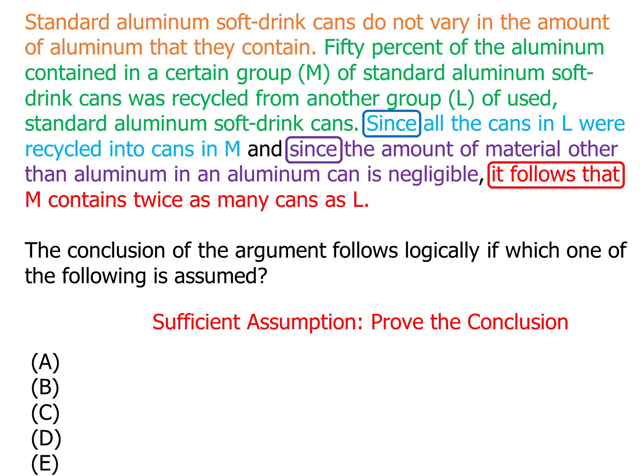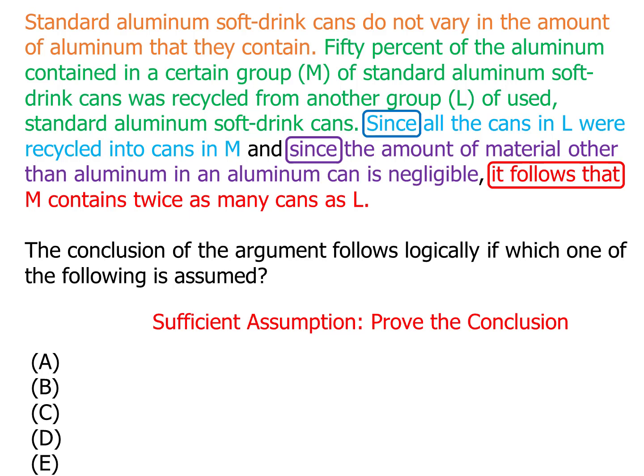Now, this question is a little bit tricky because it might seem like all the loopholes have been closed down, that essentially they've proven their point. All the material from L went into M or got recycled to go into M. You don't need anything other than aluminum to make a can. All cans have the same amount of aluminum in them, and by volume, 50% or half of M's aluminum came from L's aluminum when it was recycled.